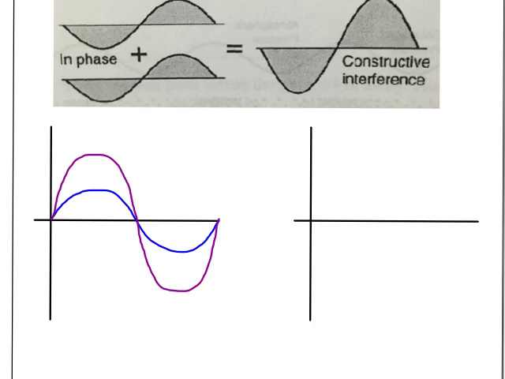So if I were to combine these two, I would take the amplitude of this one and add the amplitude of the second one and come up with a wave that's much taller that combines those two amplitudes together. And then I could do the same thing for the negative part of those amplitudes or displacements. As long as the amplitudes or displacements are either both positive or both negative, that would be constructive interference.